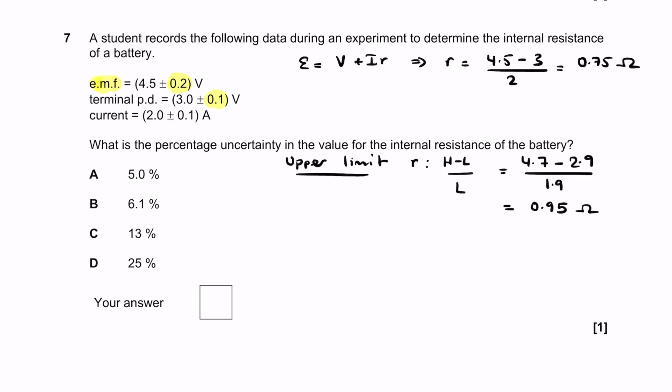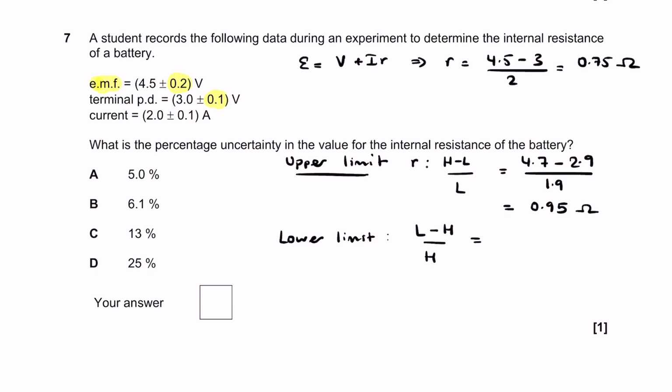Then we have to work out the lower limit. And yet again, in terms of maths, we know that for the lower limit we would need a high value for the denominator, and we want to go for the smallest difference. So we would have to consider the low in the EMF minus the high in the terminal potential difference.